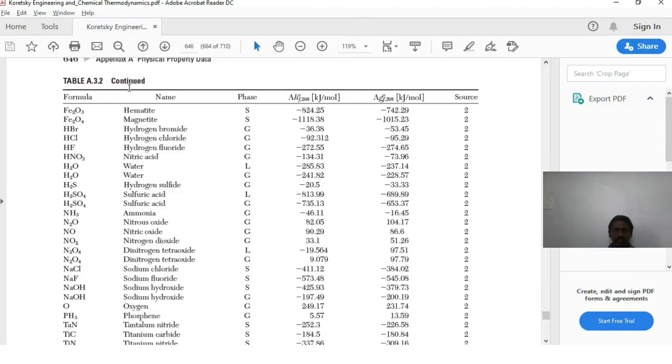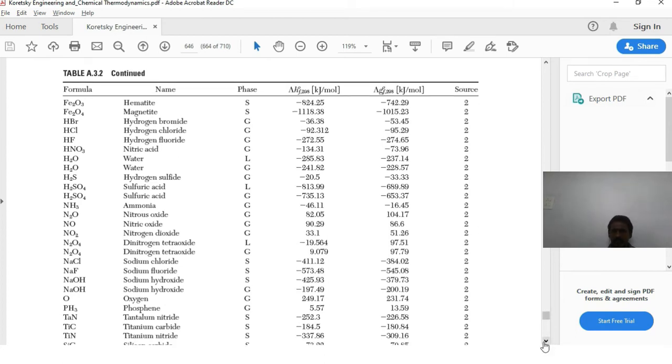The standard table is shown here for the inorganic components. In the fourth column, delta H F naught at 298 Kelvin. In the fifth column, delta G naught F at 298 Kelvin. Let us look for our components.